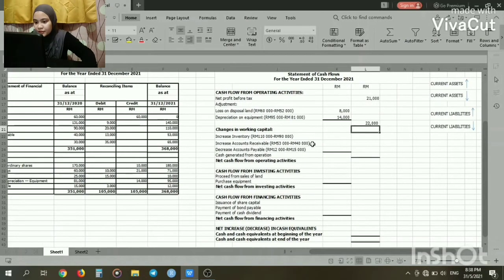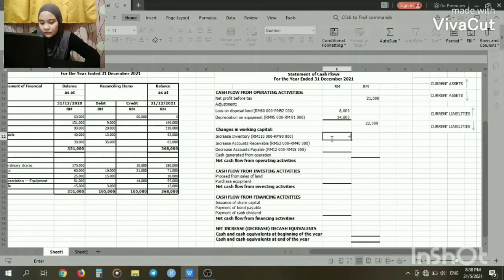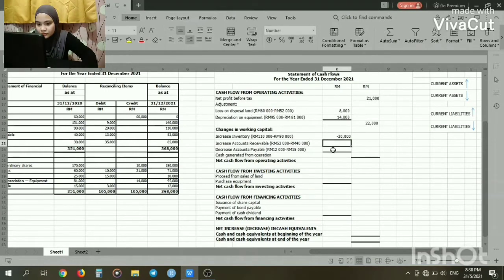For the increase in inventory, 90,000 should be minus 110,000, and we get a negative figure here.